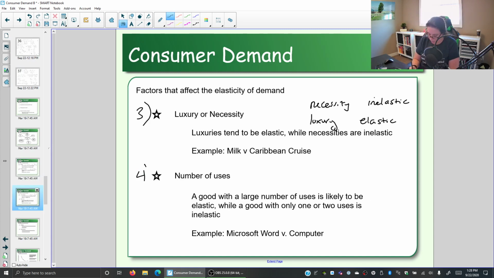All right, number 4. Number 4 is number of uses. How many different things can you do with this item? So let's think about a computer, for example. A computer has lots of uses. What are some things that you do on your computer? Right? You're watching these videos, so school. Maybe you watch Netflix, entertainment.